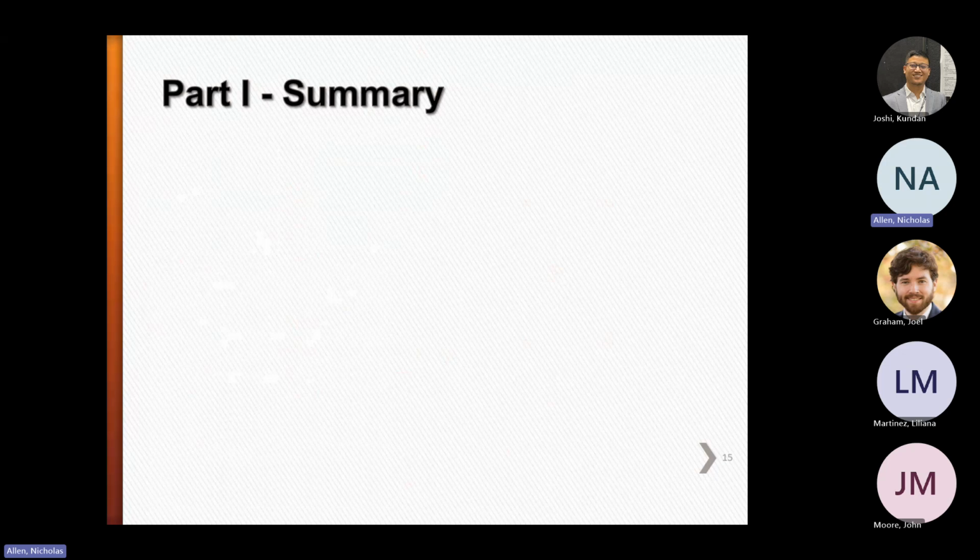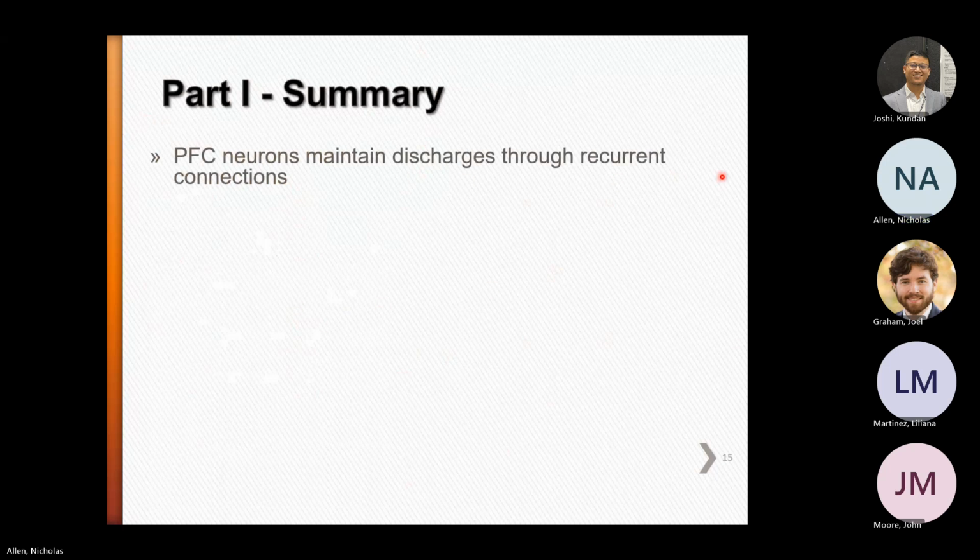That was the first part of what I wanted to mention on the basic mechanisms. Summarizing that, we pause and take some questions. Okay, so what I've shown is that neurons in the brain retain discharges through recurrent excitation.